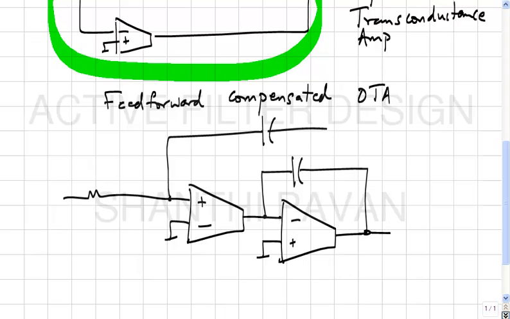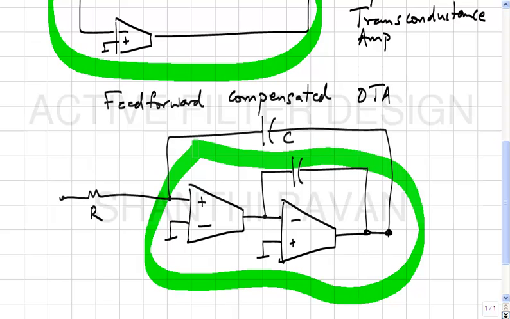This is the integrator, and the stuff in the green enclosure is the OTA, right.